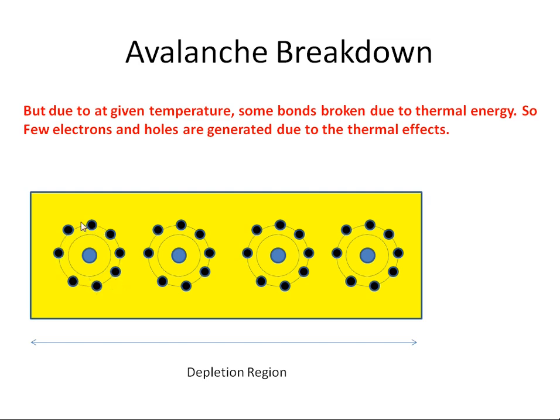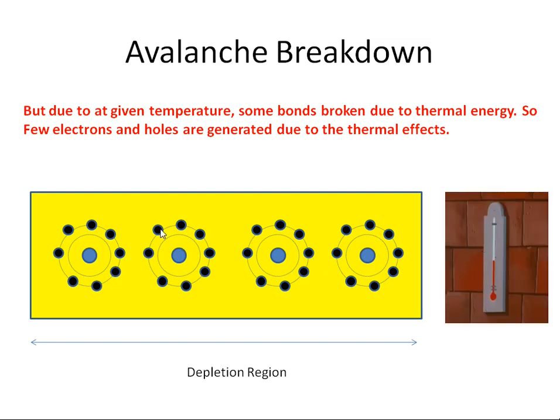The valence bands of all the atoms are completely filled by 8 electrons, but due to the temperature, some of the electrons escape from the valence band or are excited to the conduction band. Due to the temperature rise or thermal effect, some electrons are liberated from the atom and are free to move.